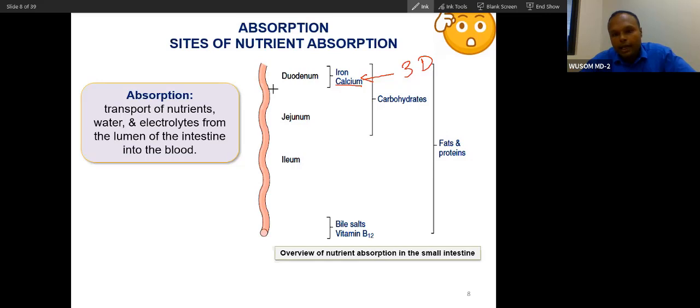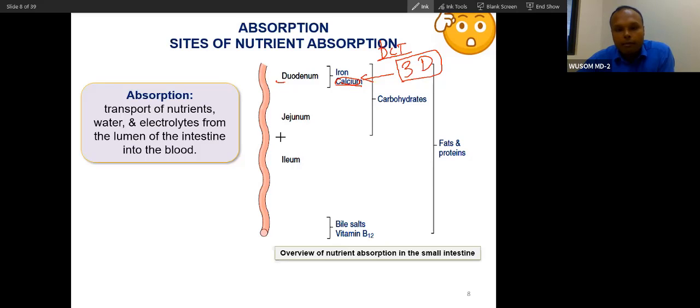Then whatever calcium is going to be excreted in the urine is again reabsorbed in the distal convoluted tubule. So the first D is duodenum, the second D is DCT, and the third D is vitamin D, because absorption of calcium requires vitamin D. So you have to remember 3D for calcium: DCT, duodenum, and vitamin D.